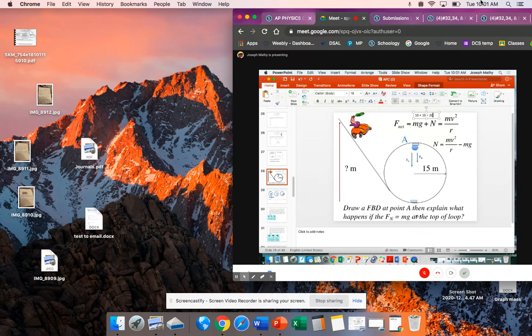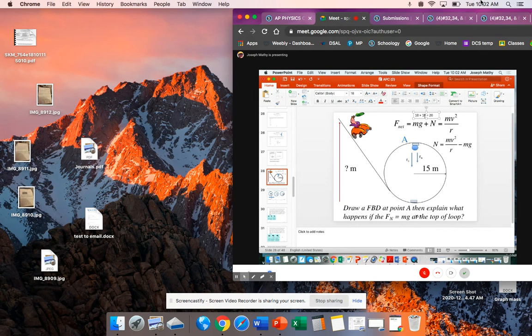All right? Now bear in mind, the mg is a number that can't change. The 20 is a number that can change because we can change our velocity. So the mere fact of changing our velocity gives us the opportunity to change the normal force.